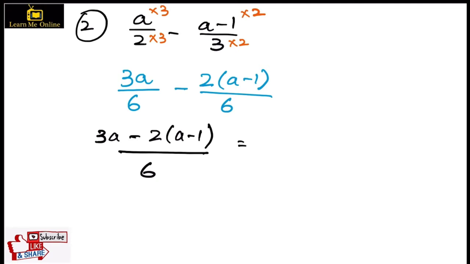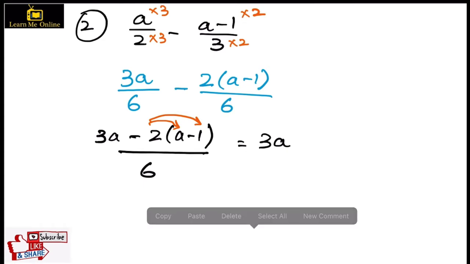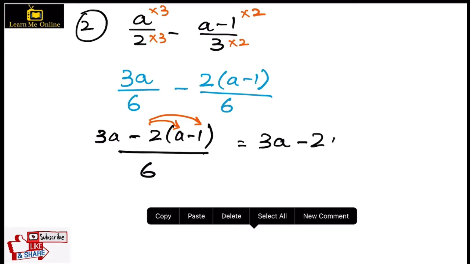When you expand the bracket, you have 3a. Because there's a minus 2 outside the bracket, you multiply by minus 2 with both the terms inside the bracket. Minus 2 times a is minus 2a. The other one is negative times negative, which makes a positive, and because you multiply 2 with 1, you get 2.